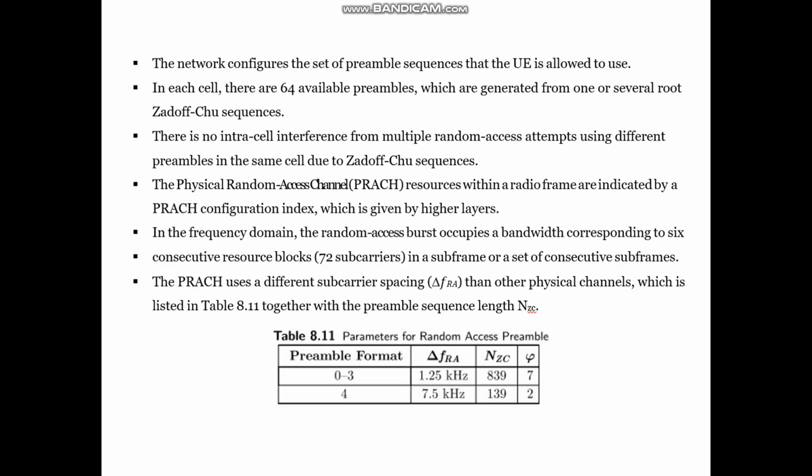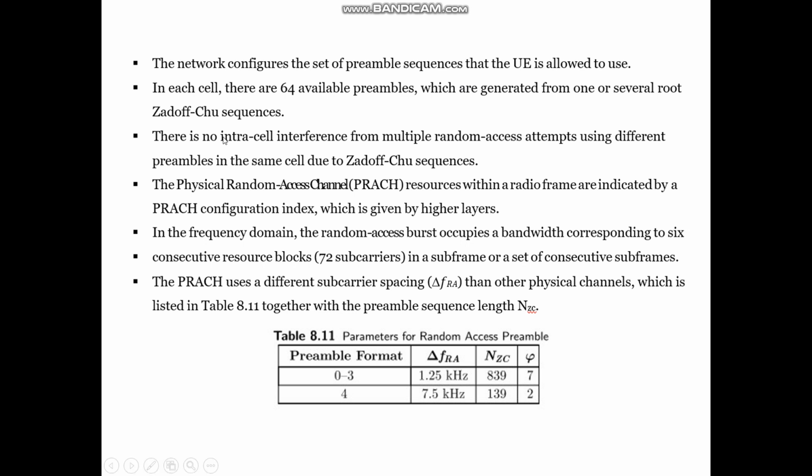Now the network configures the set of preamble sequences that the user equipment is allowed to use. In each cell, there are 64 available preambles which are generated from one or several root Zadoff-Chu sequences. Among these 64 available preambles, the network configures the sequences that the user equipment is allowed to use.